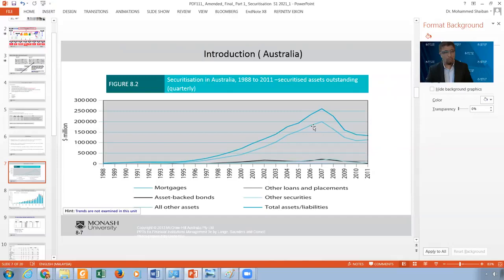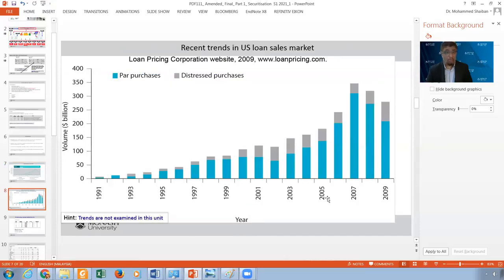But then when there were so many defaulting insurance, even the insurance company like AIG defaulted. Anyway, what I want to say is that the big securitization issues in Australia here were during the financial crisis. Same thing in the US, as you can see, up to 2009, 2007 was the top.